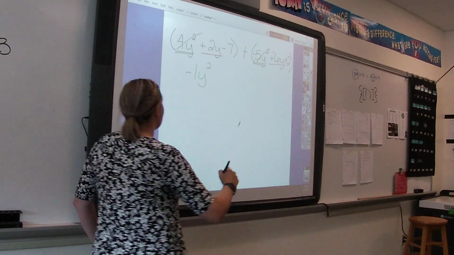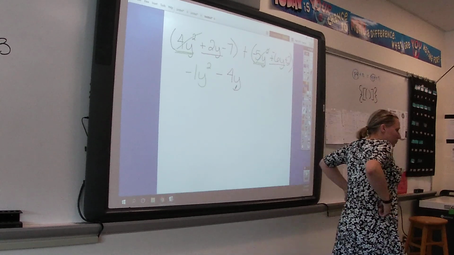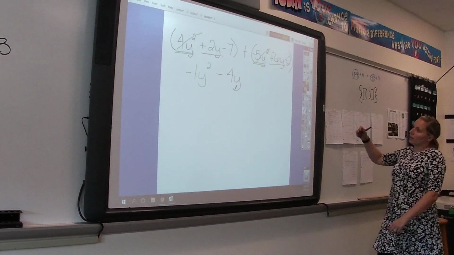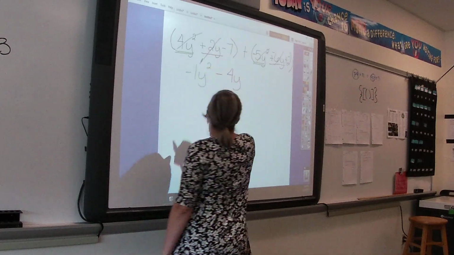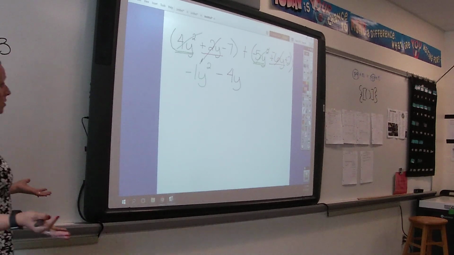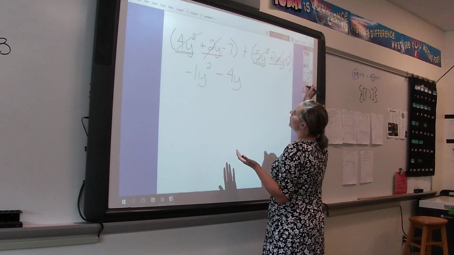Negative 4y. Okay, so we've taken care of these two. And then we have a negative 7 plus a 2? So what is negative 7 plus a 2? Negative 5.